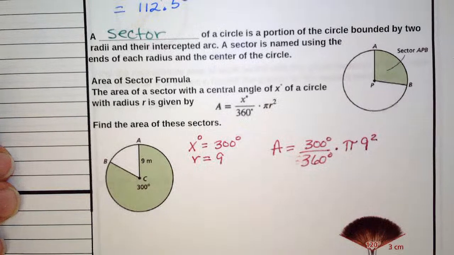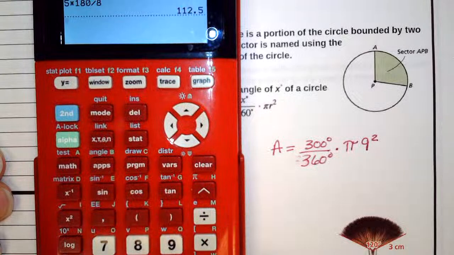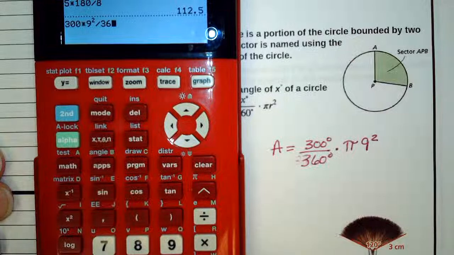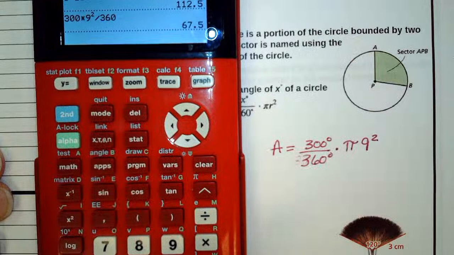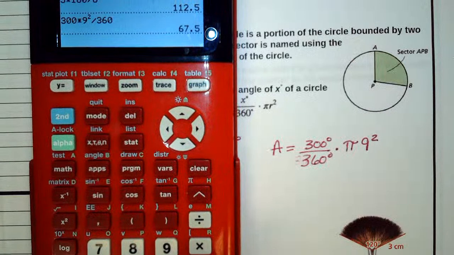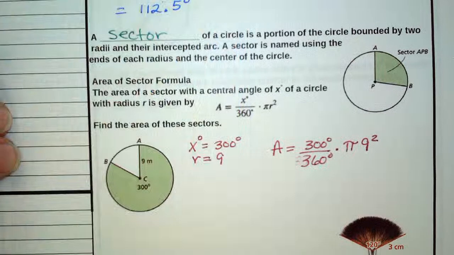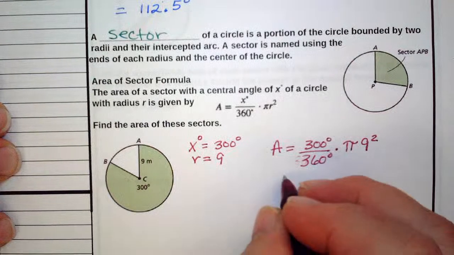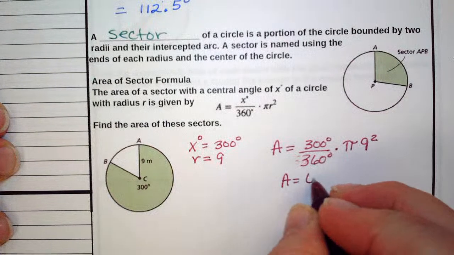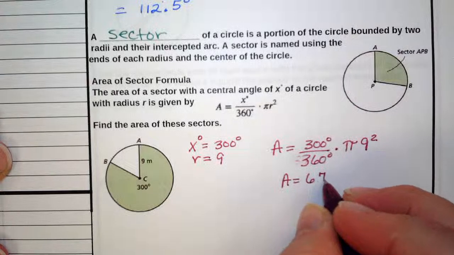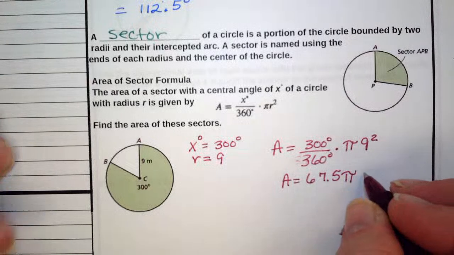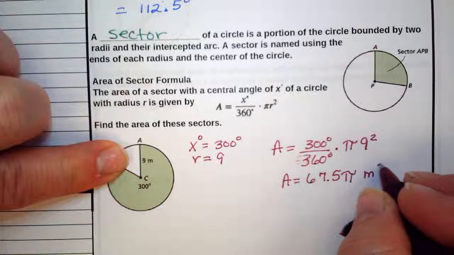So this would be 300 times 9 squared divided by 360. And I end up with 67.5 pi, and this will be meters squared.